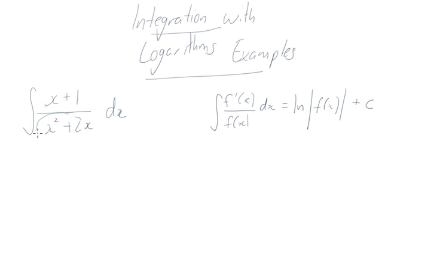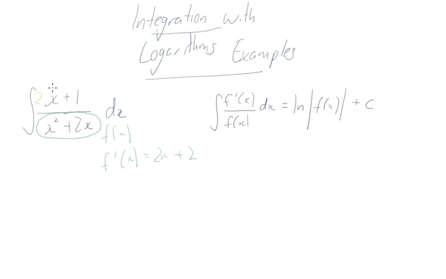If I set this here to be f of x, then as a side note, f dash x would be 2x plus 2. And I need the top to be then 2x plus 2. Right now I haven't got that.